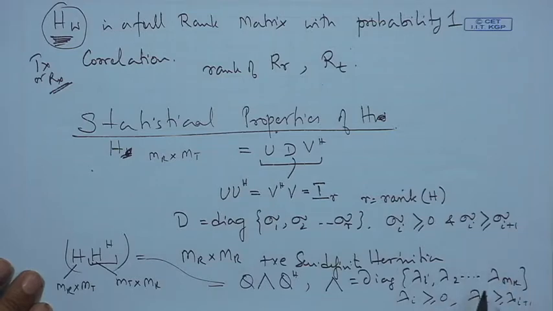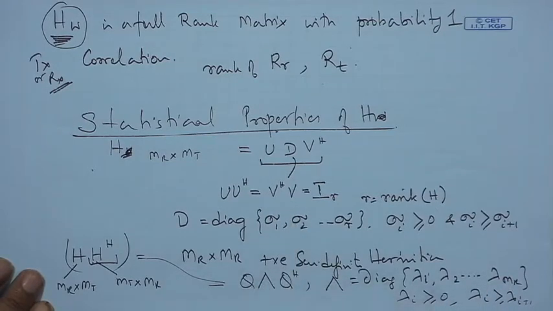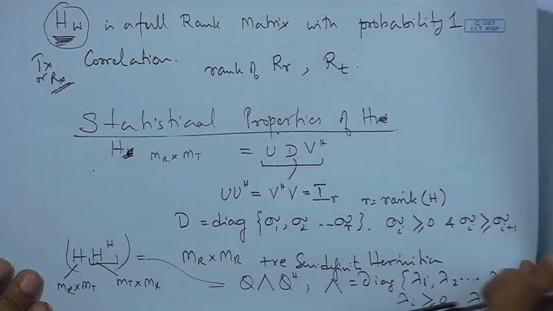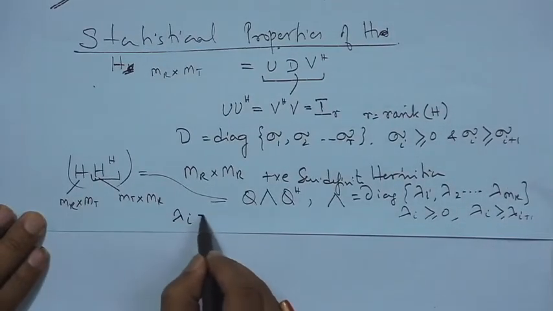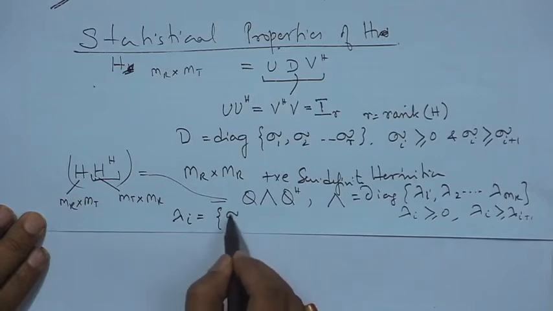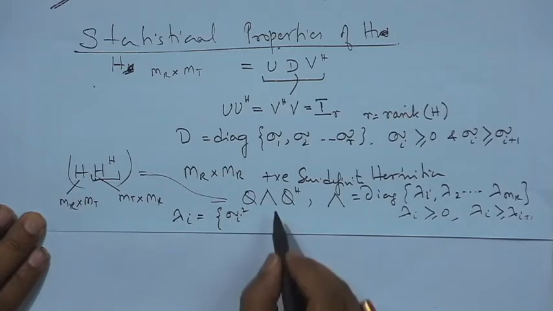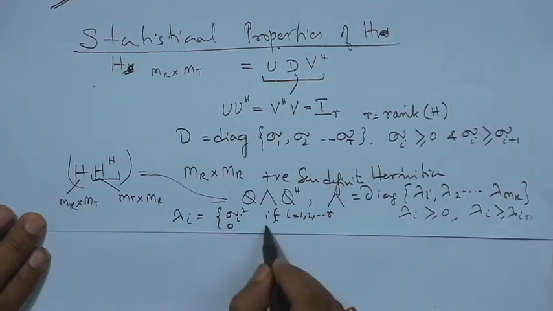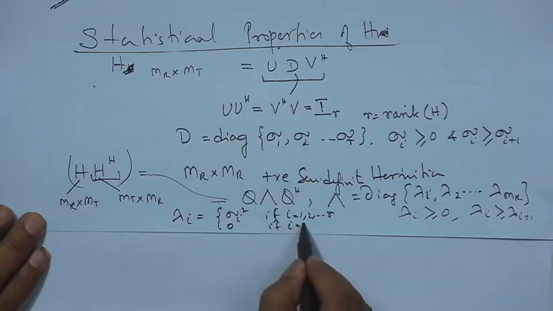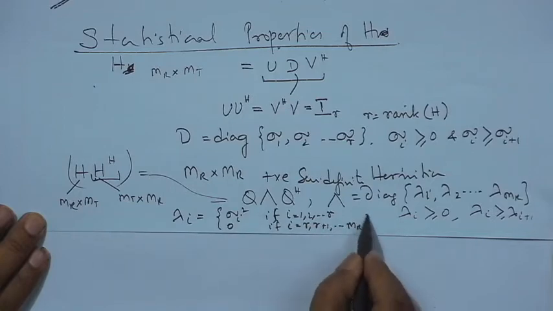Again a similar thing like the singular values. With this we further have the description that lambda i is equal to sigma i squared if i is equal to 1 up to r, and is equal to 0 if i is equal to r plus 1 up to MR.